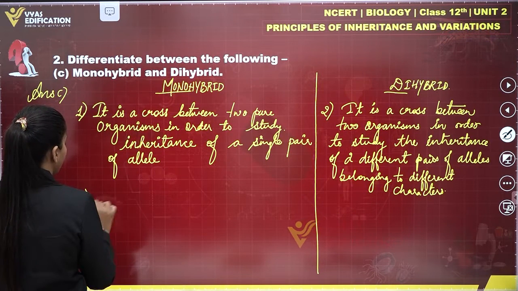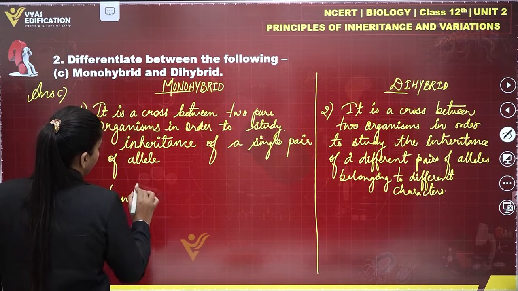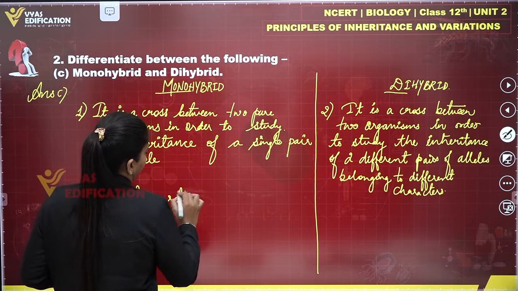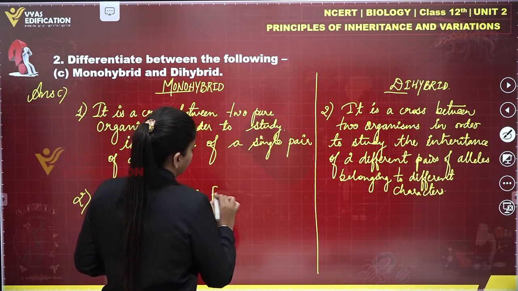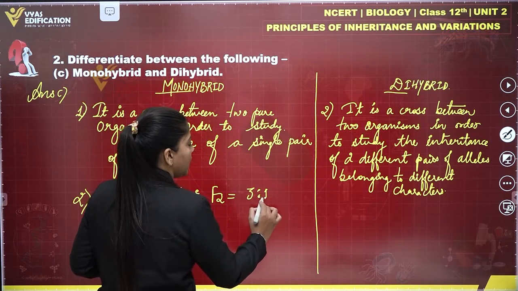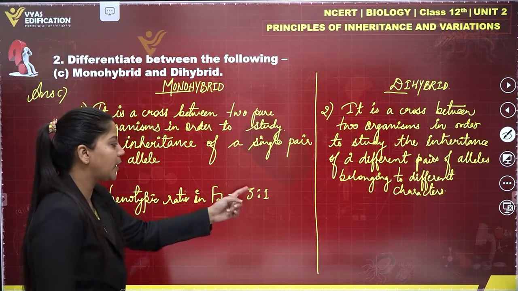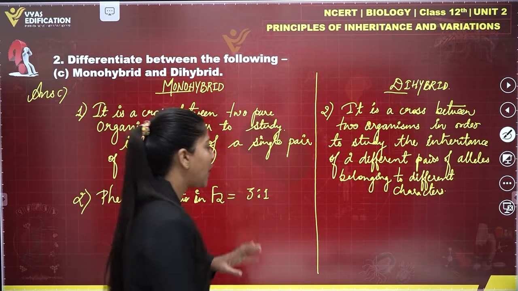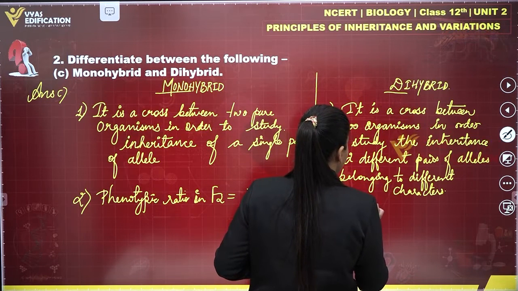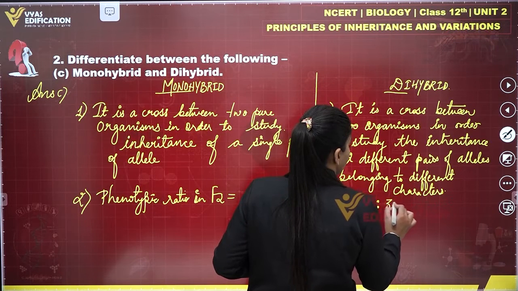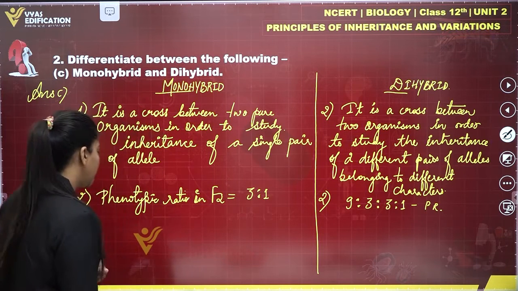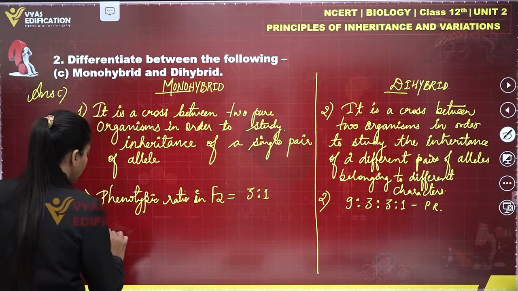If we talk about the ratios, the phenotypic ratio in the F2 generation in case of monohybrid cross is 3:1, that means 3 are tall and 1 is dwarf. In case of dihybrid cross, we have 9:3:3:1 as the phenotypic ratio.